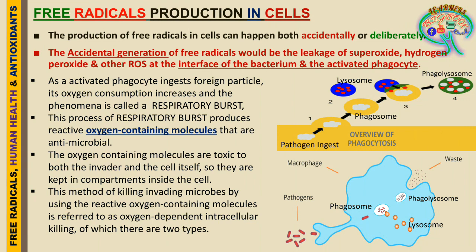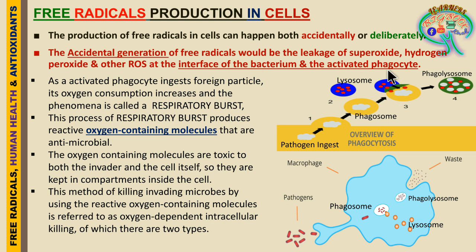Now, when you are going to consider the internal sources, these internal sources are going to generate the free radical either accidentally or deliberately. Now we are going to discuss the accidental kind of free radical generation. Here that is going to happen when there is the interface of the bacterium and the activated phagocyte.